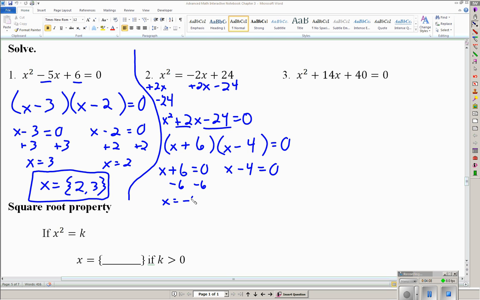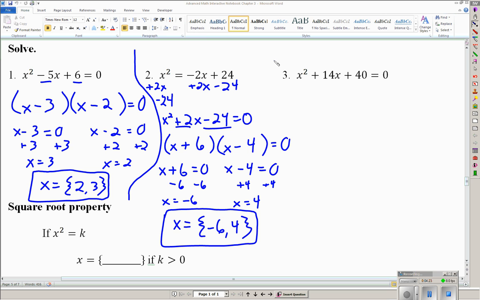You get negative 6 and 4. Smallest to largest is negative 6 and 4 in the squiggly brackets, and you're done. So get everything on one side, factor it, each factor equals 0, and solve.